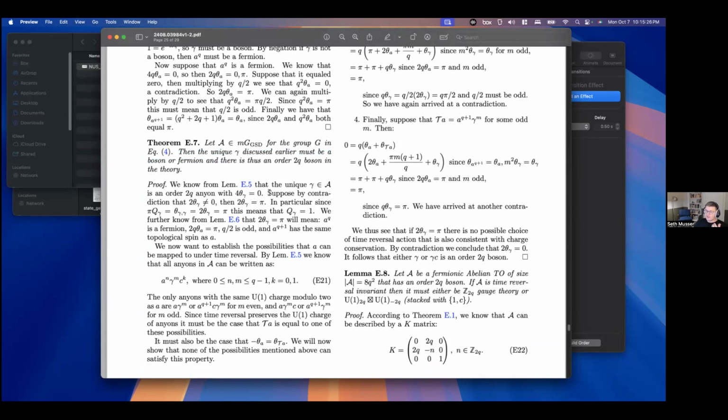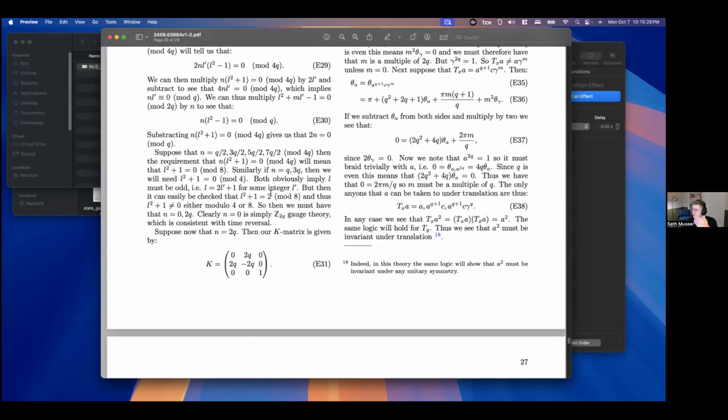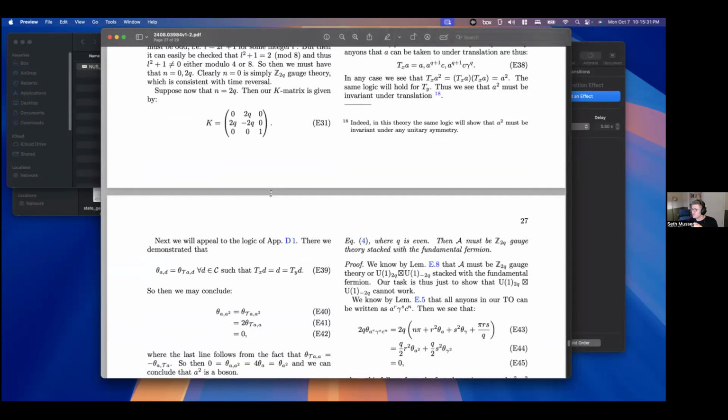And it turns out that when you think about it, translation must preserve the topological spin of all anyons since it's a unitary symmetry. But it also must preserve the U1 charge. So you know that U1 and translation will commute. There might be some issue with translation and time reversal, but U1 is continuous, so there should be no issue there.